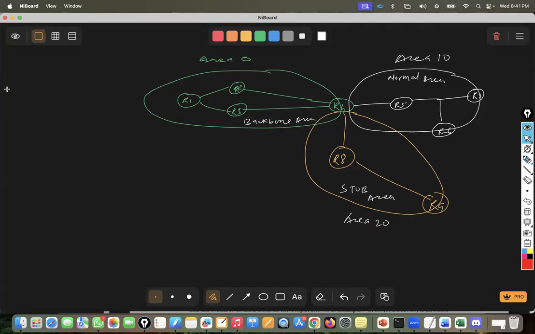So let's write how many area types we have. Backbone area. We have the normal area. We have the stub area. We have the totally stub area.